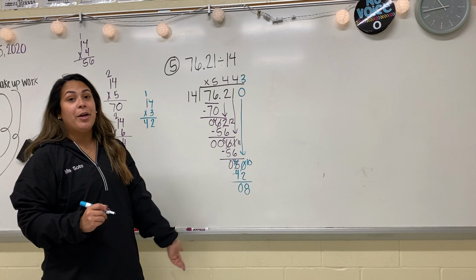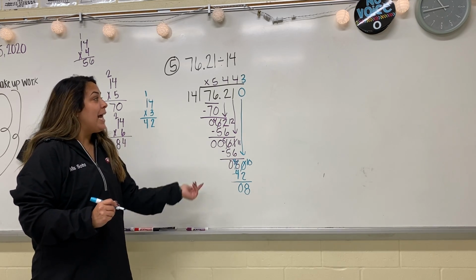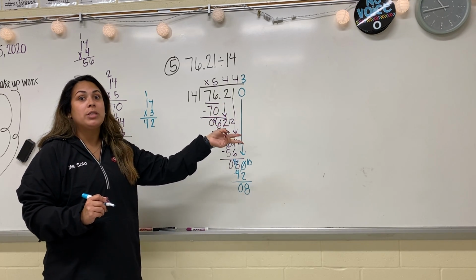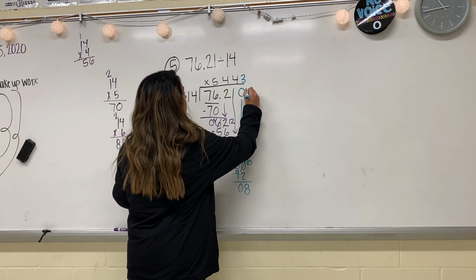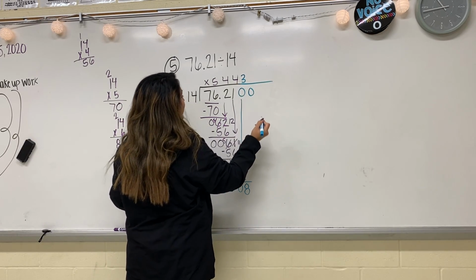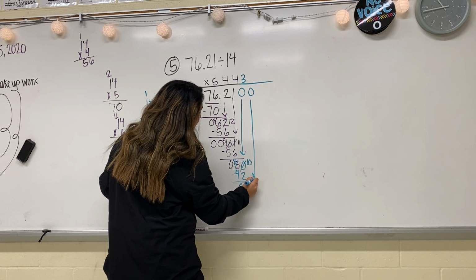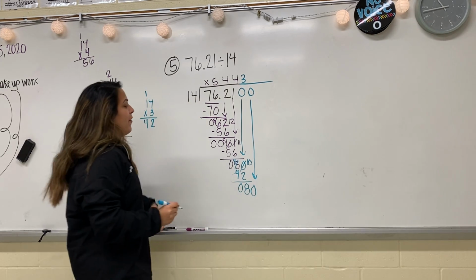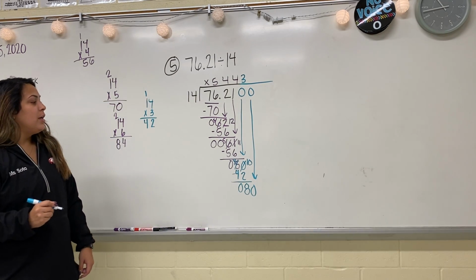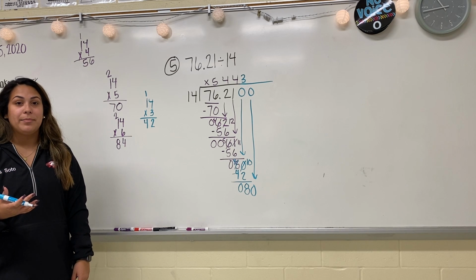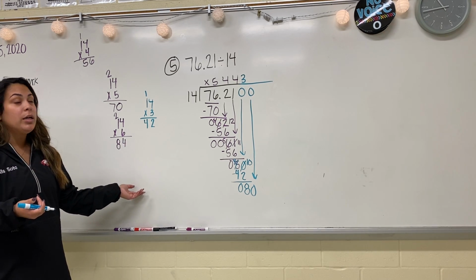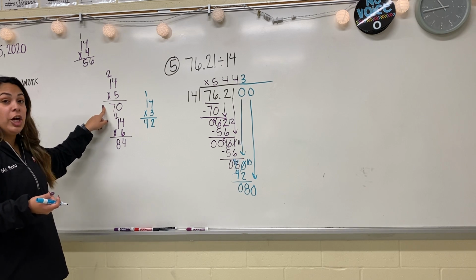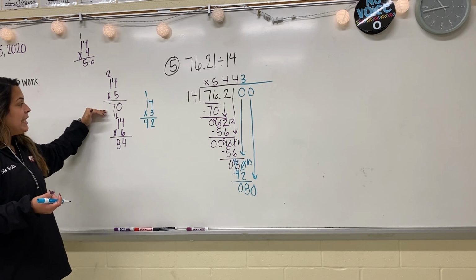Well, 14 can't go into 8 evenly, and I can still add 2 more zeros inside before I'm done. So I'm going to add another 0. I'm going to make this line longer. Bring down that 0 and figure out how many times 14 can go into 80. Luckily for me, I did some side work. So I started off with 14 times 5 and I got 70.